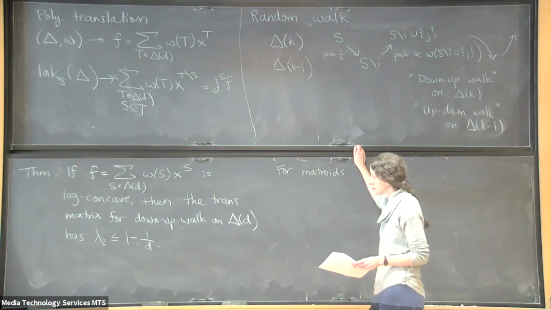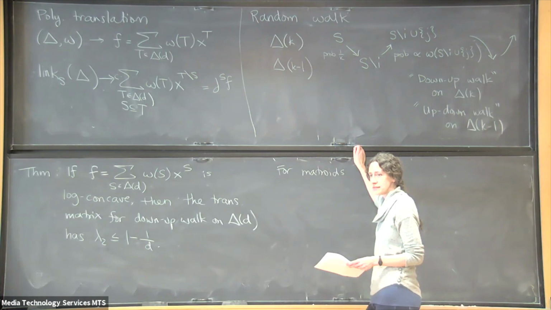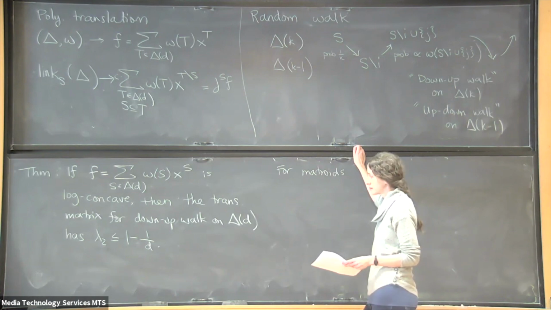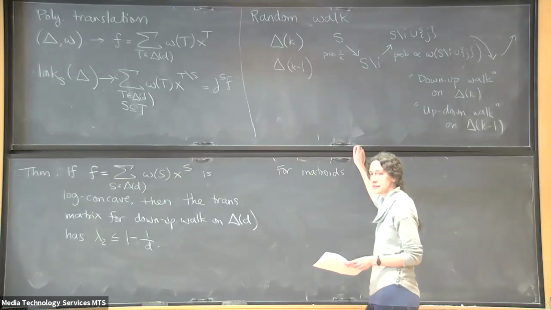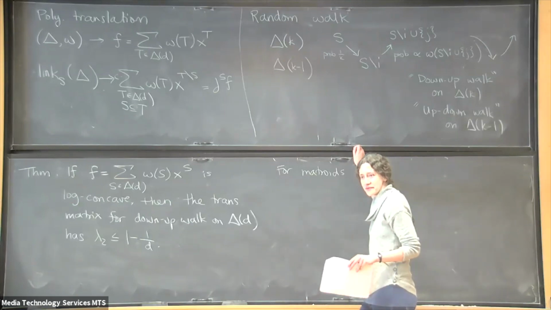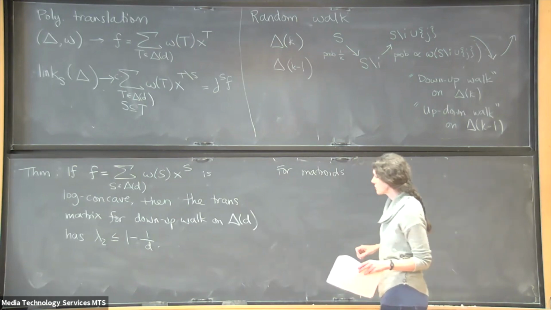And we had lambda 2. We showed that lambda 2 was smaller or equal than half. Half, yeah. Right, and that's corresponding to d equal to 2, because we were on edges. Yeah, exactly.